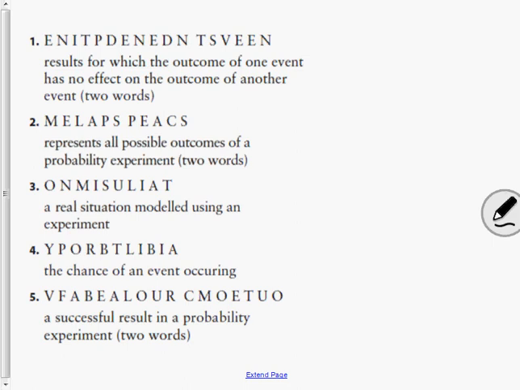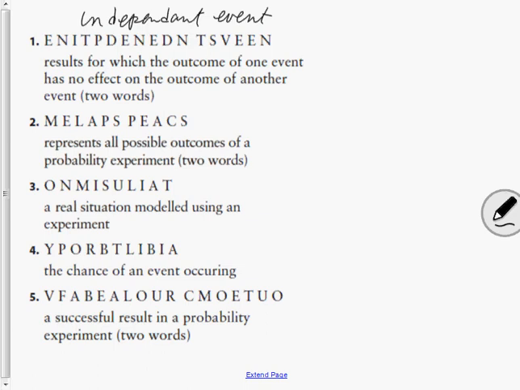I already gave you most of them, but for those who I didn't, this is an independent event. What an independent event means is something like if I was to roll a 6-sided dice, and then roll another 6-sided dice, the second dice does not influence or change what happened with the first dice.